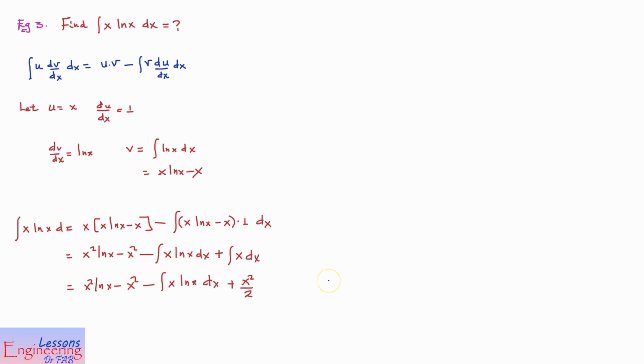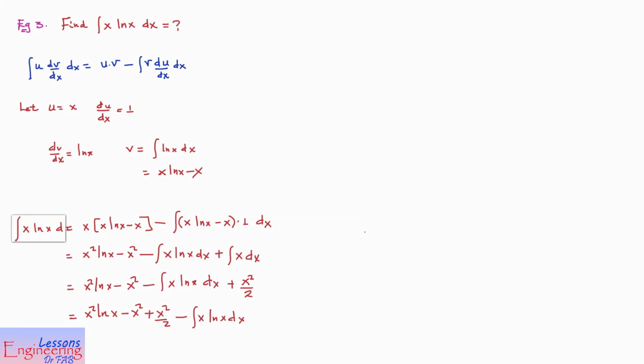I'll choose that constant to be 0 for now, and x squared ln x minus x squared plus x squared over 2 minus the integral of x ln x dx.